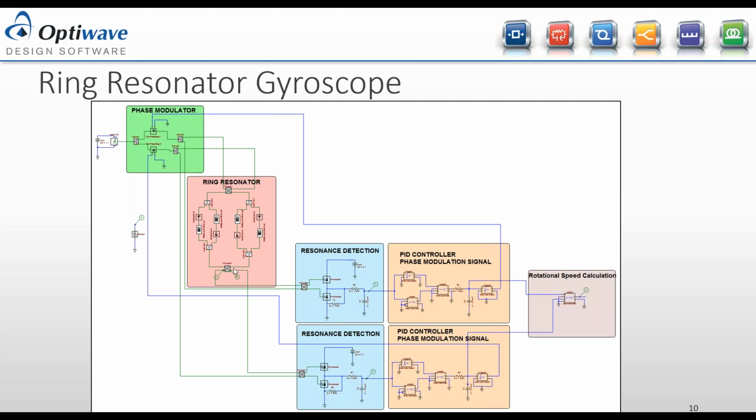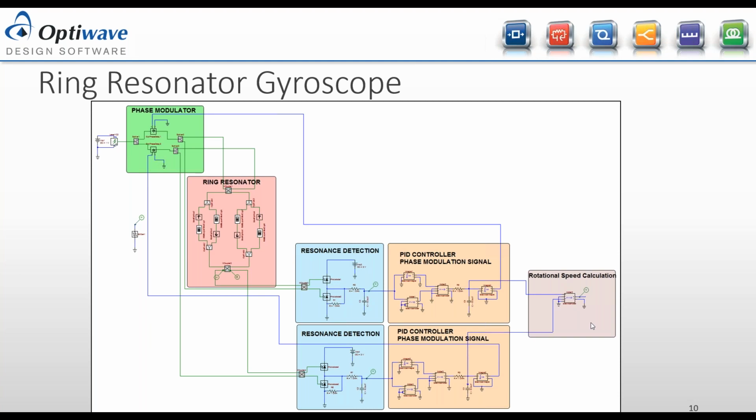And the resonant detection circuit here makes sure that we are capturing whether the ring resonator is on or off resonance. In this example, we make sure that we keep the ring resonator on resonance at all times, so that we can calculate the change in resonance and use that to calculate the speed. So the circuit gets signals from different parts and then uses this photodiode to figure out if the ring is on resonance or not.